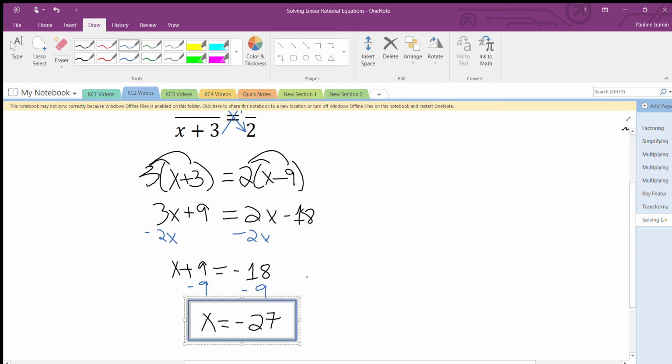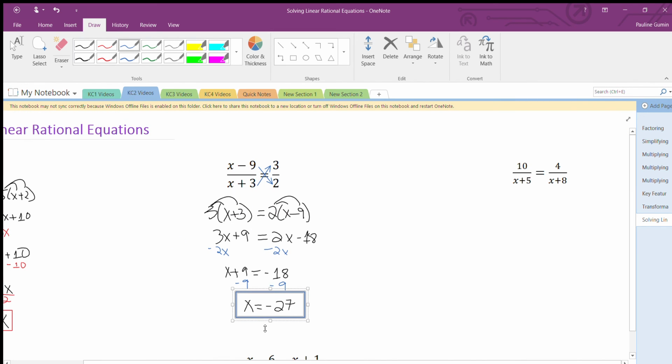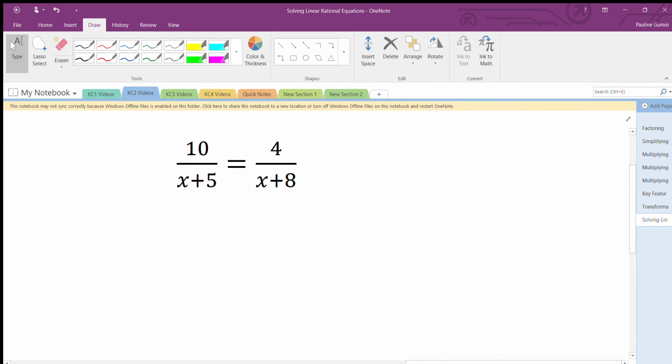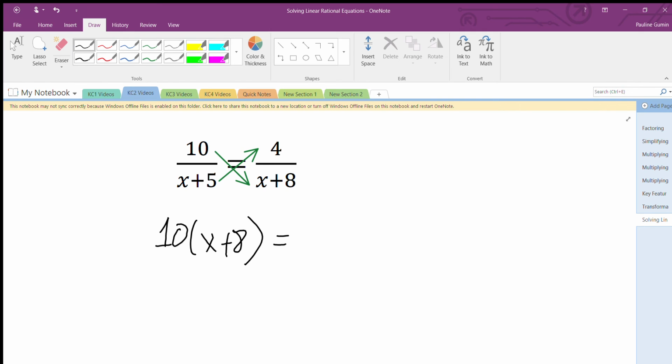All right, let's do one more and then we'll call it a day for this video. How about that? A short one this time. Okay, let's multiply across the diagonal. Just like those previous two, I'm going to write out my multiplication before I distribute. So I have 10 times x plus 8 equals 4 times x plus 5.